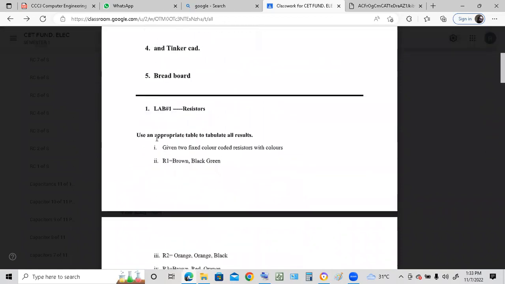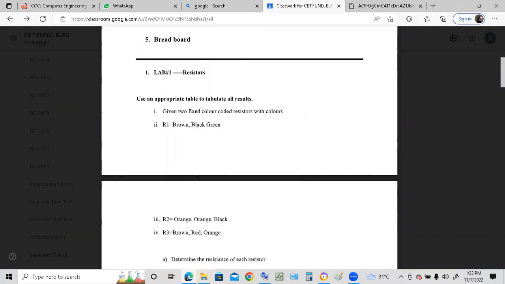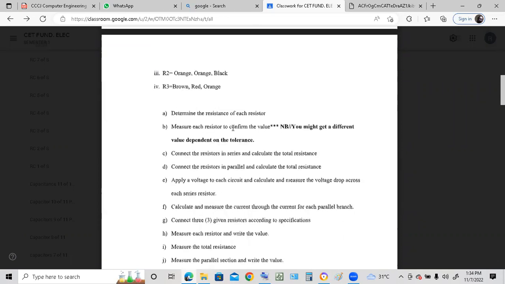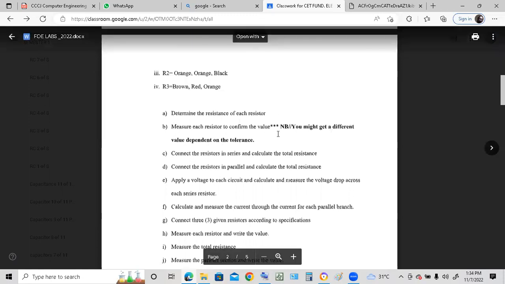Resistors. Use an appropriate table to tabulate all the results, given 2 fixed resistors, color coded with colors brown, black, green. That's R1. R2, orange, black, and R3, brown, red, orange. Determine the resistance of each resistor. So you're going to read the resistor color code. We're going to do that again on Wednesday when I come.